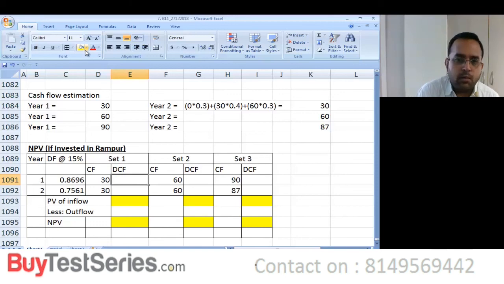At Rampur, you cannot abandon. You have to complete the project. We are saying that three possible cash flows are there. So three possible net present values are there. Correct?